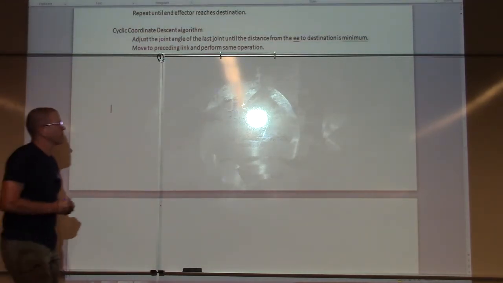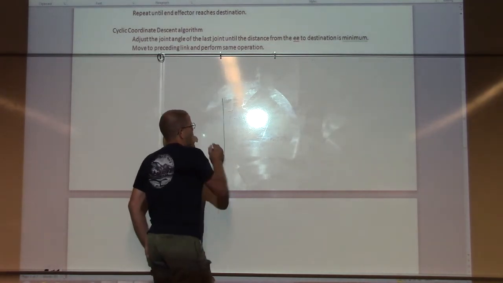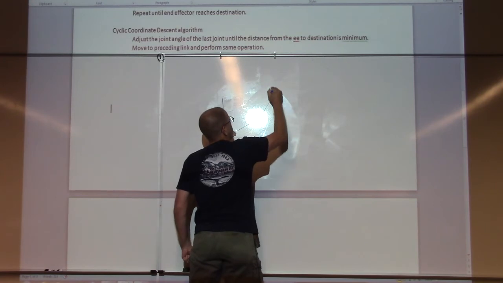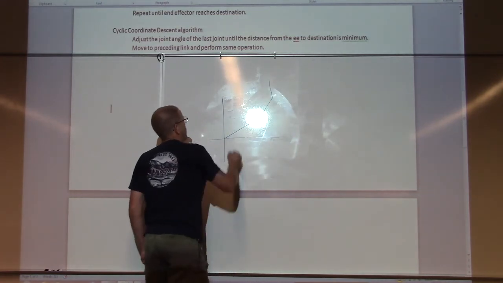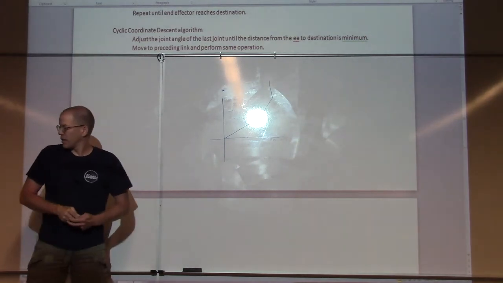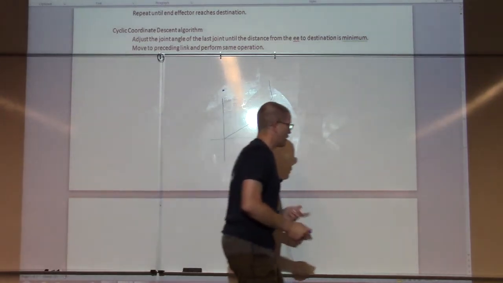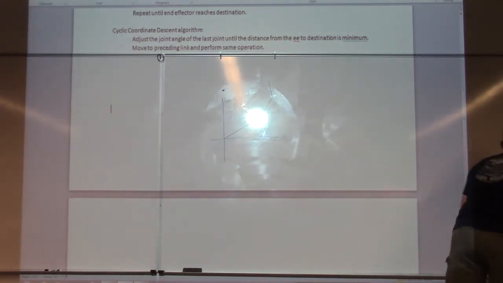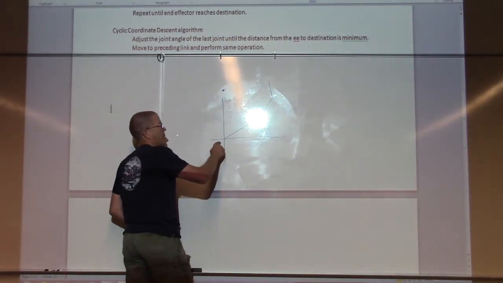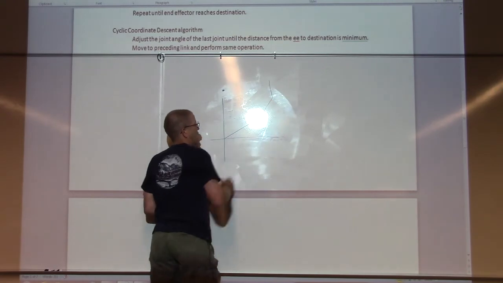Okay, so let's say we have a three-link robot that starts off in this initial configuration, and we're trying to reach this point here. So the two options are to start at the last link and move back to the first link, or start at the first link and move out to the last link.